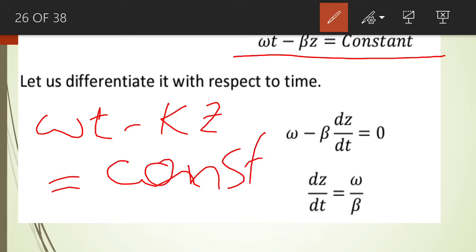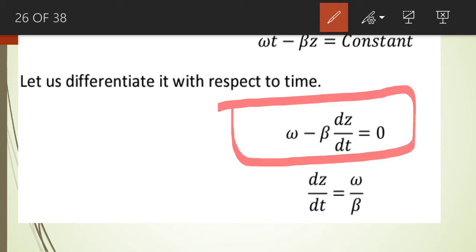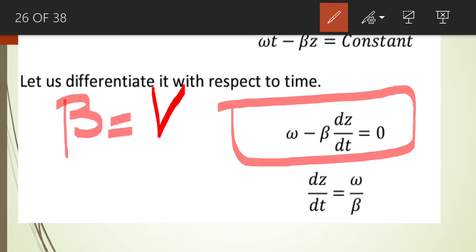So if it is equal to a constant, we consider this equation, omega t minus kz is equal to constant. What we do is differentiate both sides of this equation with respect to time. If we differentiate both sides with respect to time, we get this particular equation, where beta is basically equal to k, where k is the propagation constant or the phase constant.